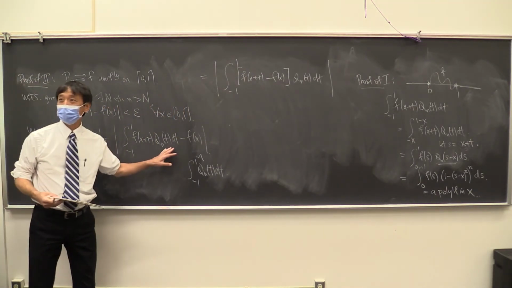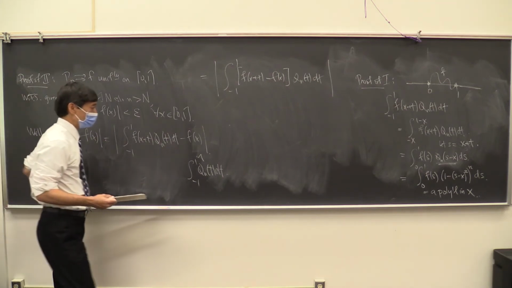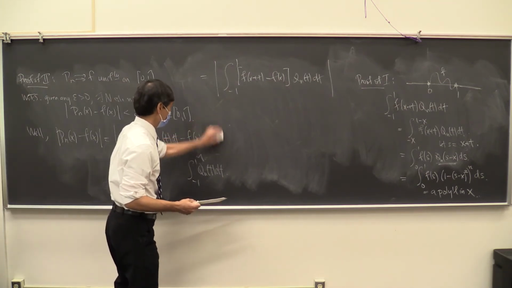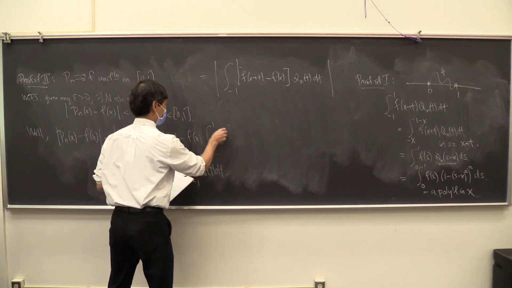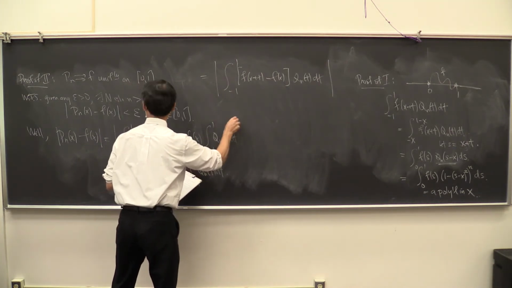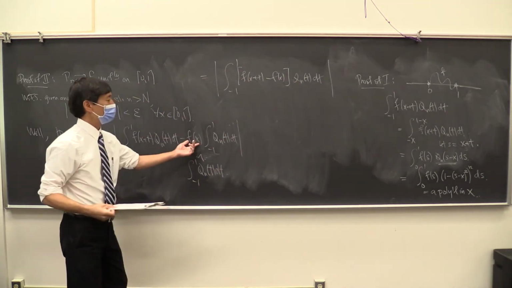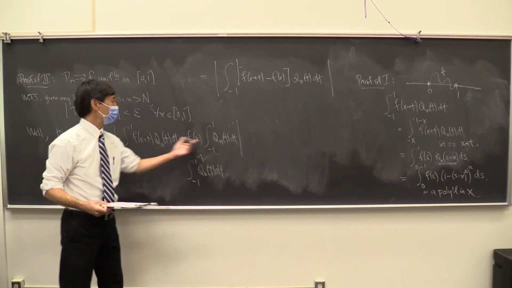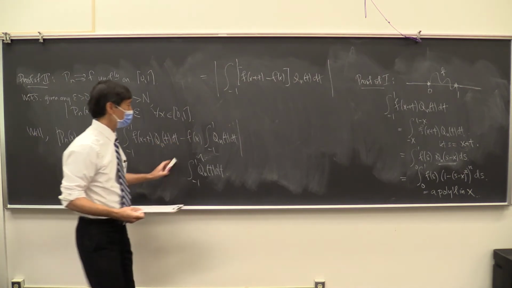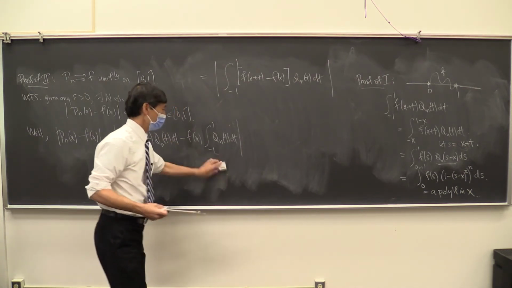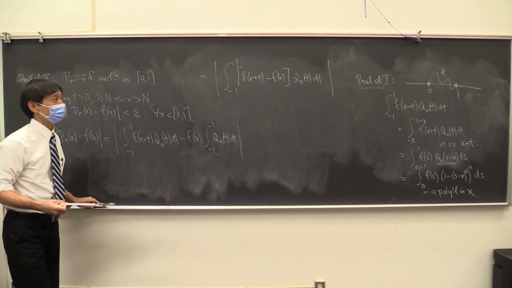Everybody all right? So we multiply this guy by this 1 here, we brought the f of x inside, and then we combine the integrals together. Nothing fancy, except using the approximate identity.